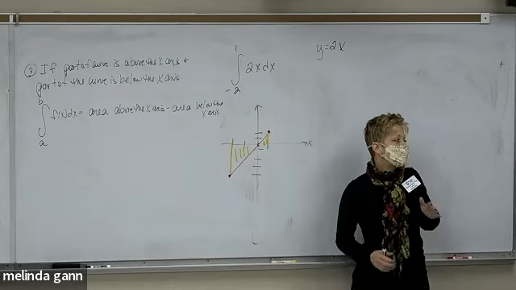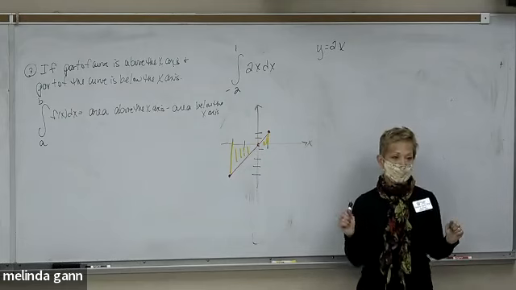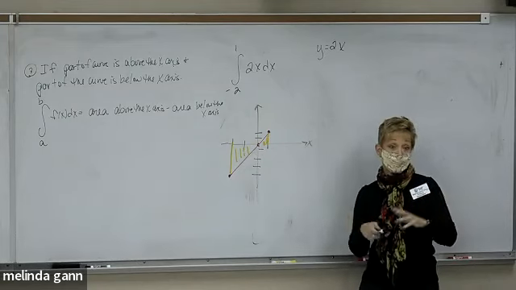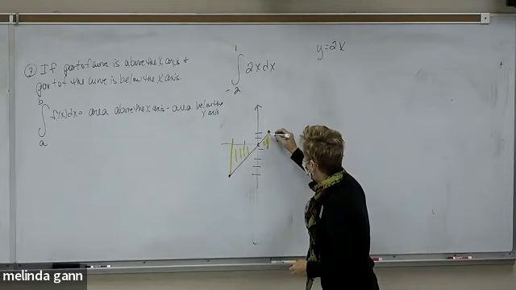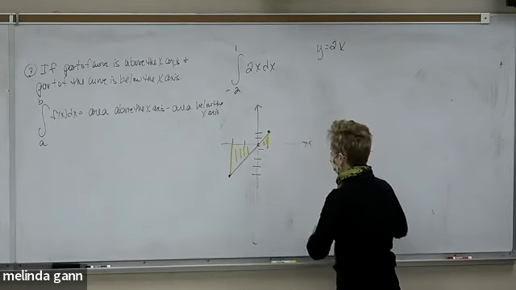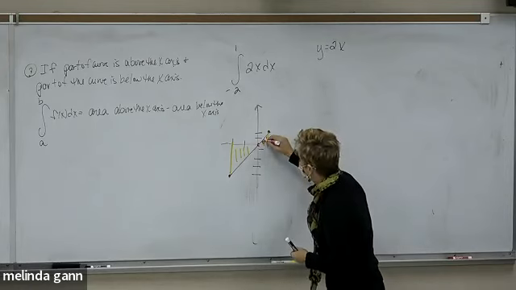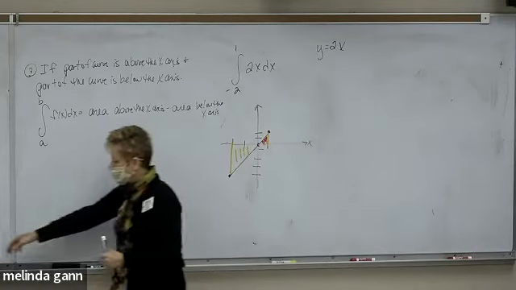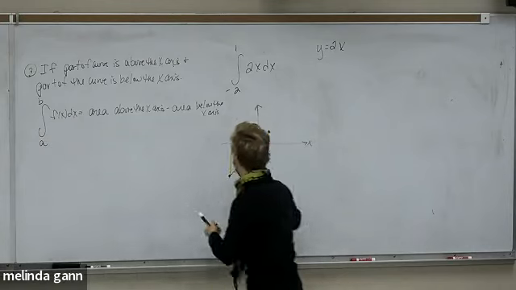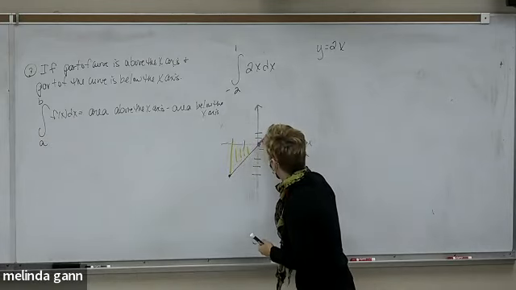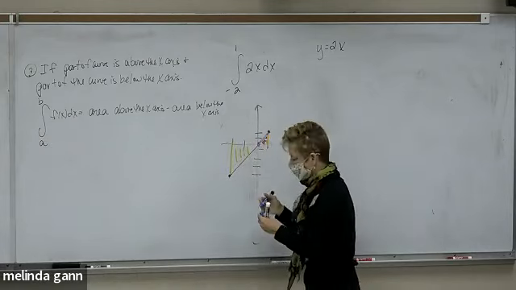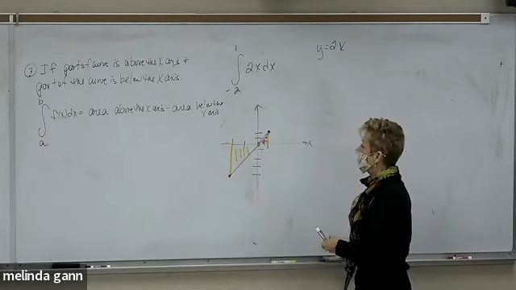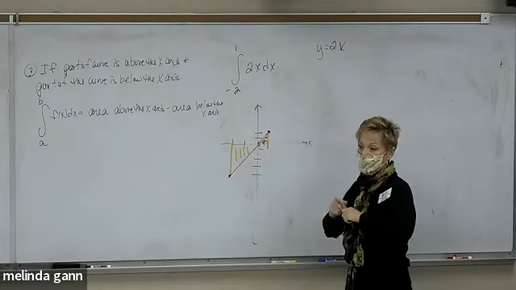Now, suppose you want to be fancy and you want to do calculus. Great. How can you find this red area right here using calculus? In other words, do we understand that I'm talking about from here to there? What calculus thing would find me this area?